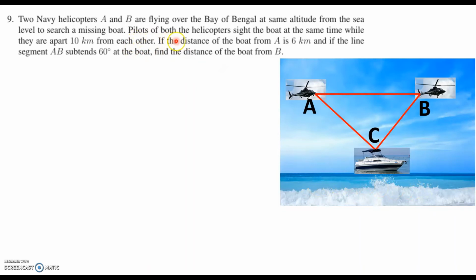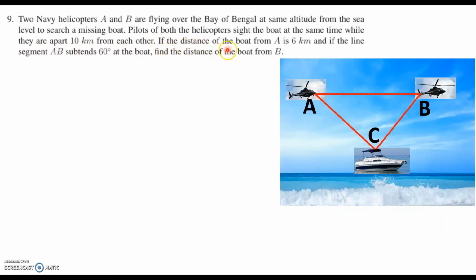Now pilots of both the helicopters sight the boat at the same time. So both these pilots are able to locate this boat while they are apart 10 kilometers. So which means the distance between A to B is 10 kilometers here.